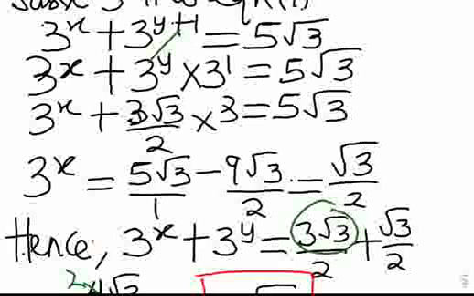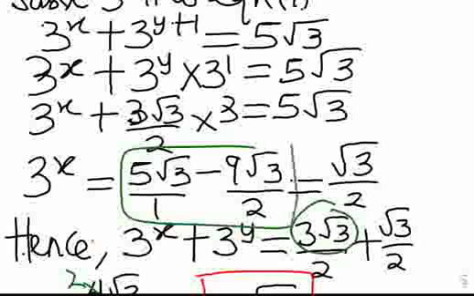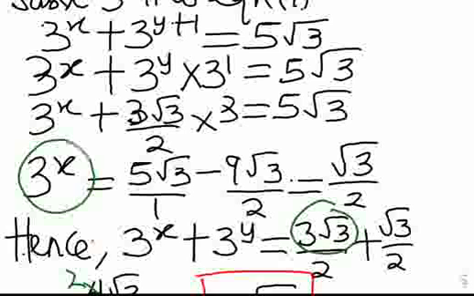After splitting that, I brought in the value of 3 raised to the power y, and then I collected like terms. Before that, when you use this 3 to multiply this, it gives 9 root 3 over 2. Then after that, I collected like terms. I brought the whole of this here. That will be 5 root 3 minus 9 root 3 over 2. This is equal to 3 raised to the power x.